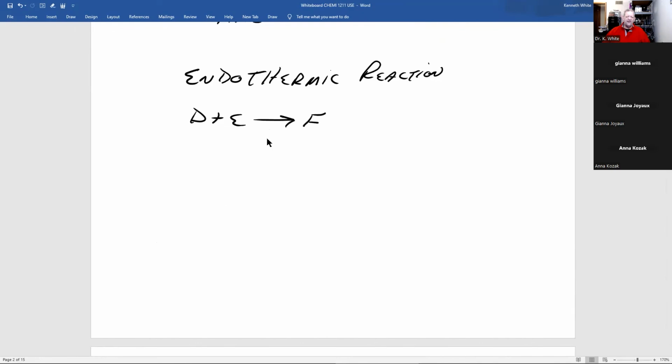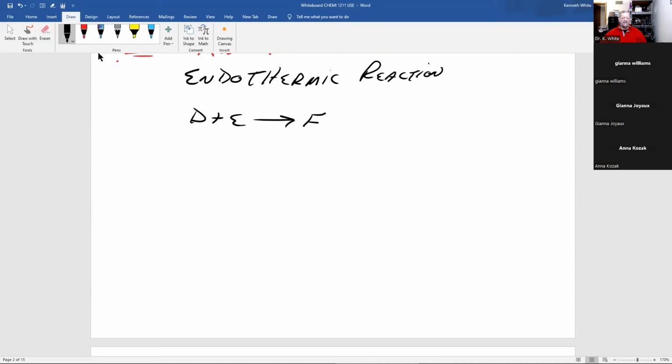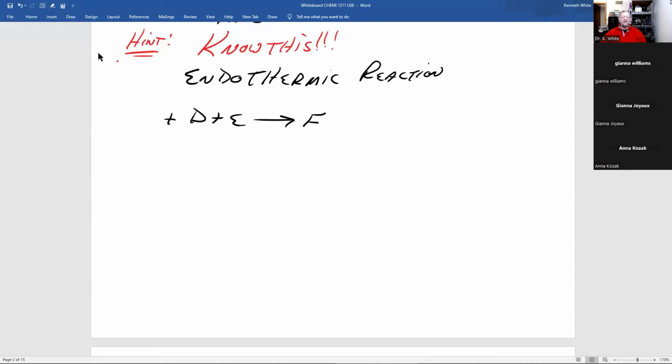Now, here we have an endothermic reaction, and hint, you should know how to draw this. All right, here we have a reaction, D plus E make F. For it to be an endothermic reaction, to make this go, you have to add energy.